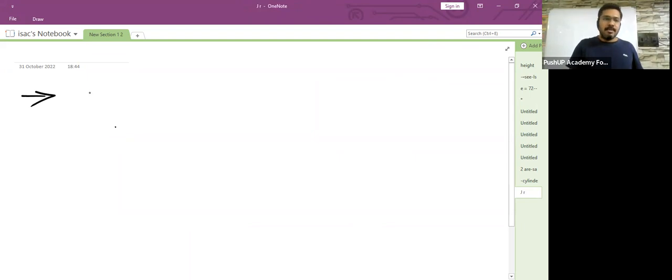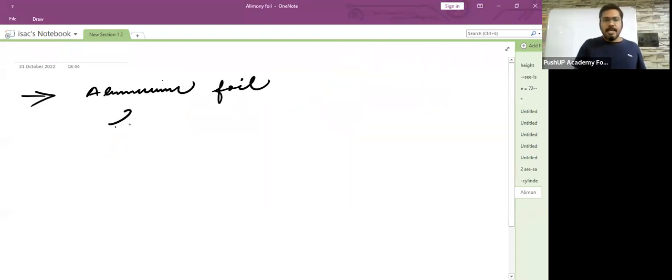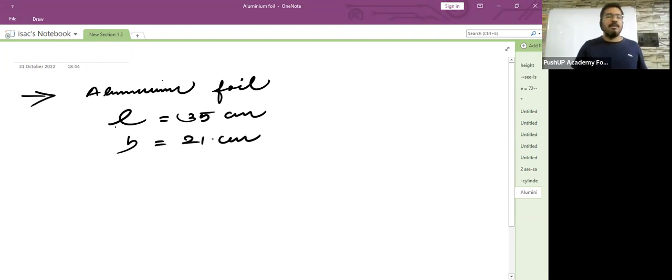There is one aluminium foil whose length is 35 centimeters and whose breadth is 21 centimeters.